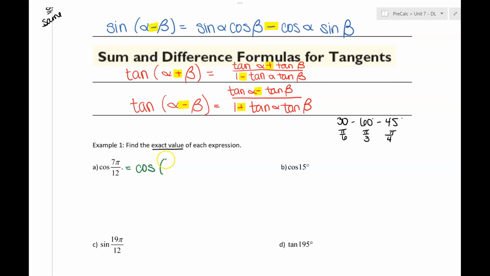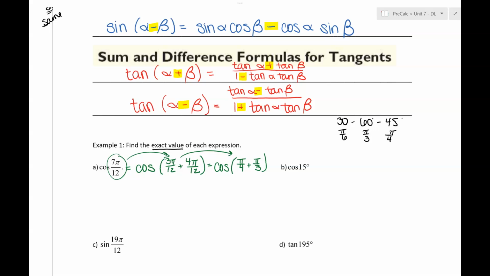We could do 3 pi over 12 plus 4 pi over 12. Well, that might work. Let's reduce. So we have the cosine of pi over 4 plus, hey, pi over 3. Awesome. Okay, so that works. So even though it was 7 pi over 12, we were able to find 2 radian measurements that added to that, then reduced to 2 radians that we actually knew their exact values, and that's what we need.